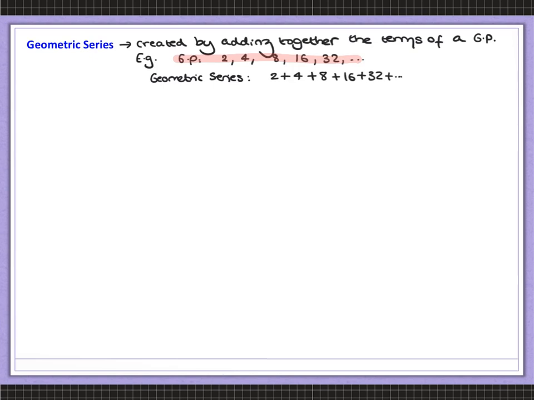We're just writing down the terms of that sequence. But a geometric series would involve adding these terms together, so 2 plus 4 plus 8 plus 16 plus 32, etc. Now, as we've done with arithmetic series, our aim is to find a formula which allows us to find the sum of n terms of a geometric sequence.